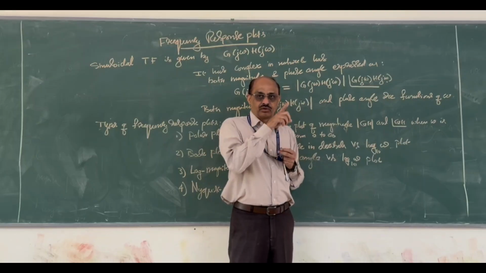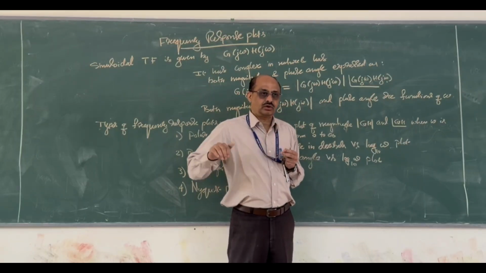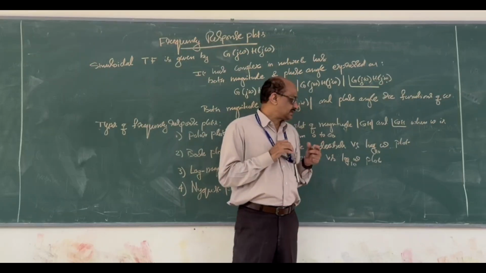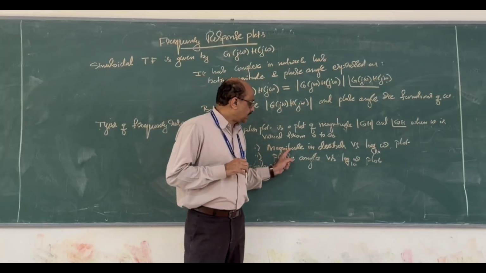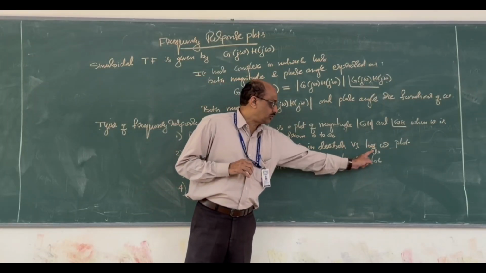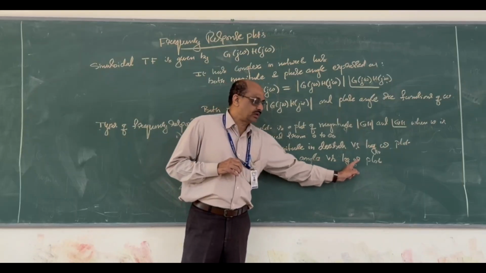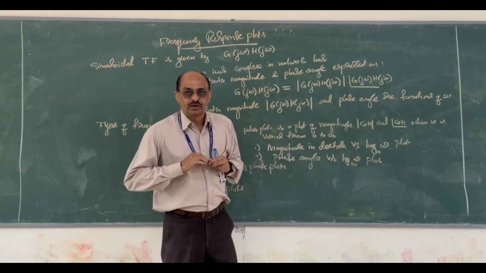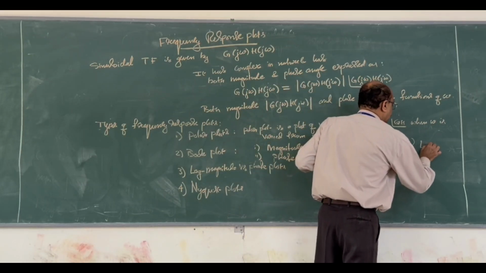So that is why we need to plot this on semi-log sheet, right? So the x-axis is logarithmic scale. Together, the magnitude in decibel versus log omega plot as well as the phase angle versus log omega plot, we call that a Bode plot. The same thing is also termed a logarithmic plot.